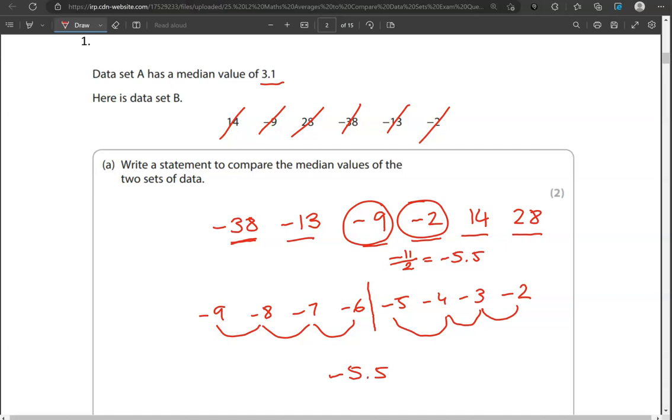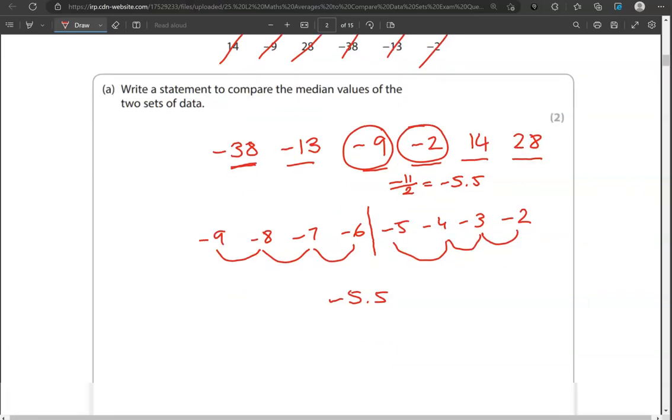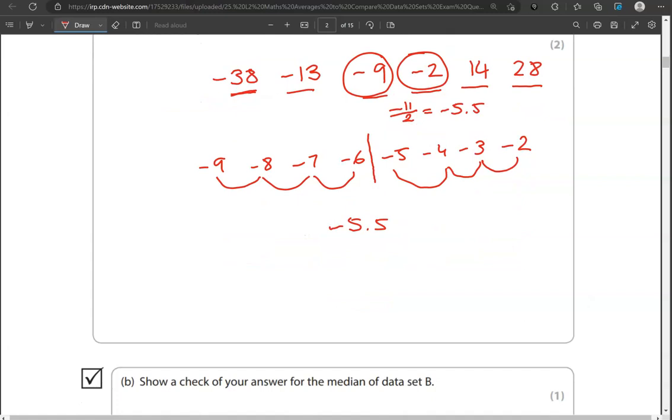So now we know the median value for this data set. We're going to compare it to the median value for data set A, which is 3.2. So we can see that the median value for data set B is lower than the median value for data set A, and that's what we're going to say here.